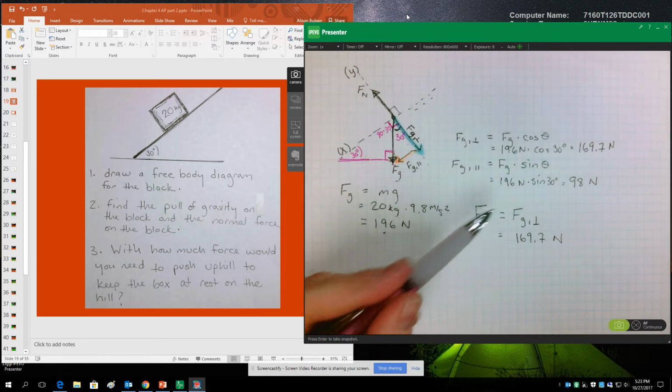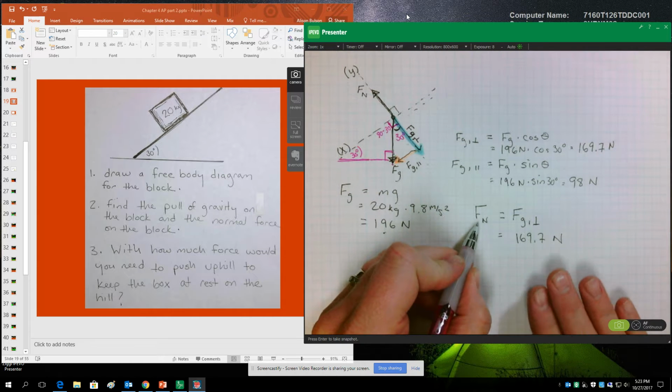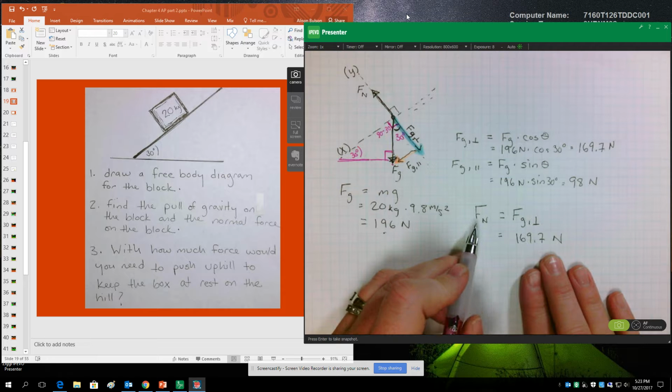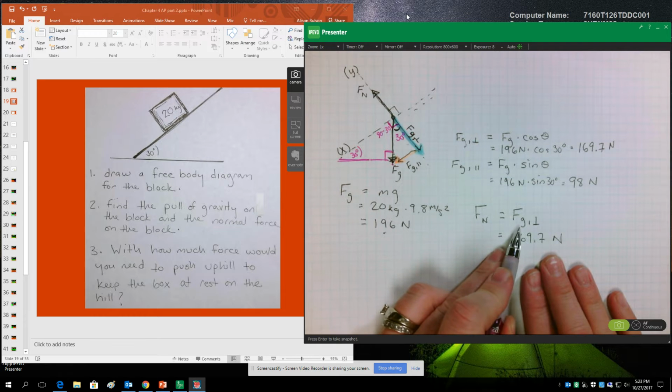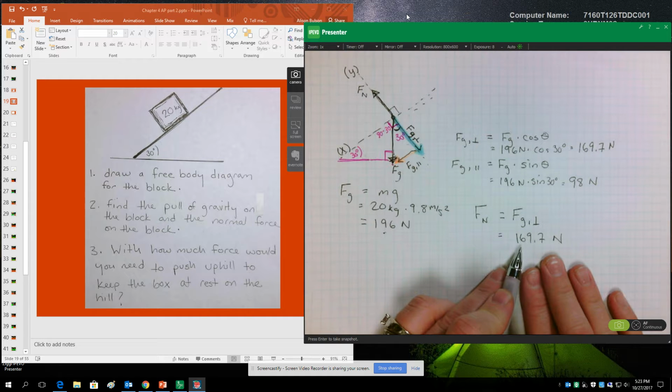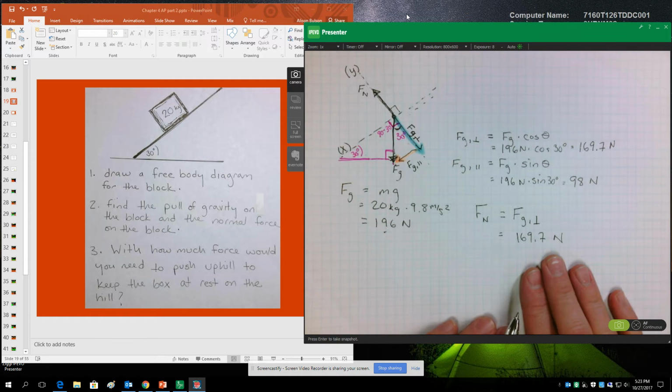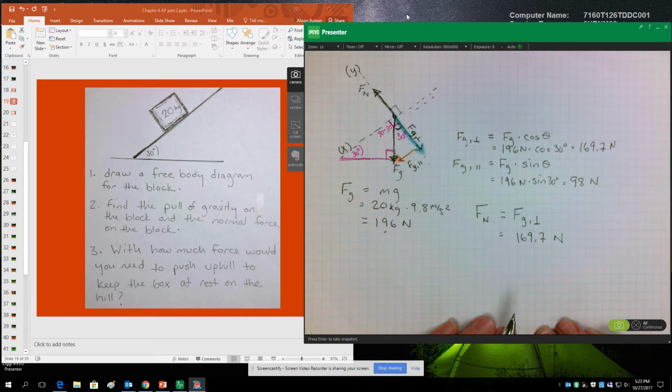So we now have concluded that since we expect the box or block to stay on the plane, the normal force should be in balance with the perpendicular component of the pull of gravity. And so we said that must be 169.7 newtons.